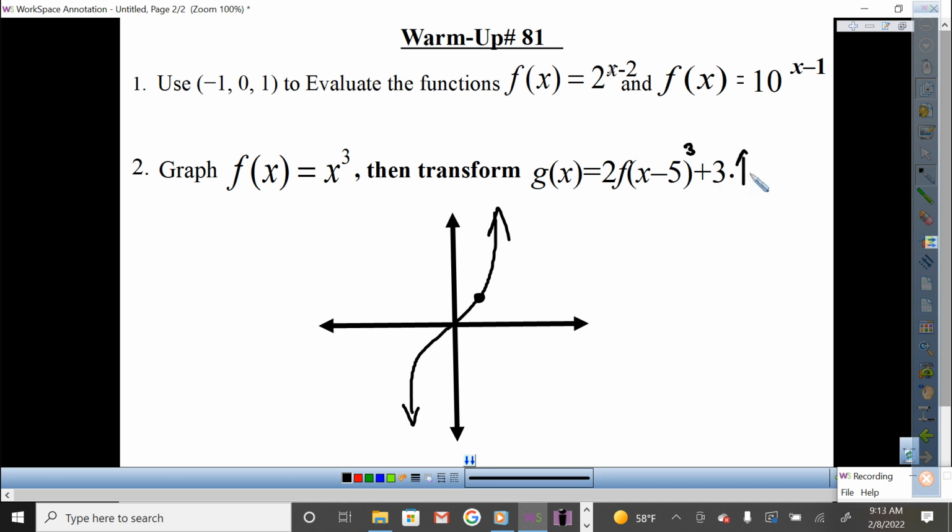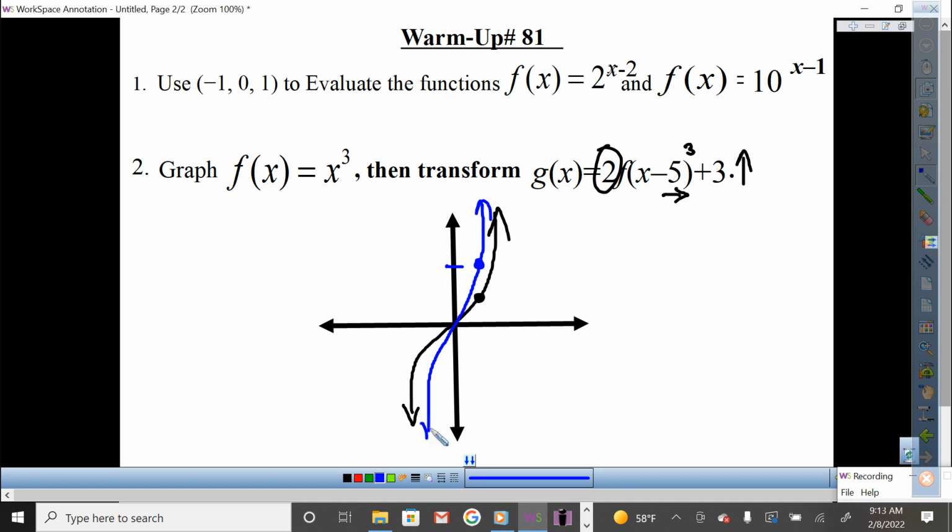We know it's going to go up because of k and to the right because of the h. And we know that it's going to stretch it. That means instead of being at 1, 1, now it's going to be at 1, 2. It's a multiplier, so it multiplies the 1 to a 2.